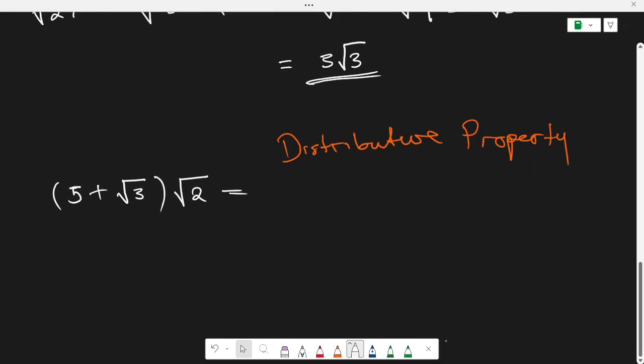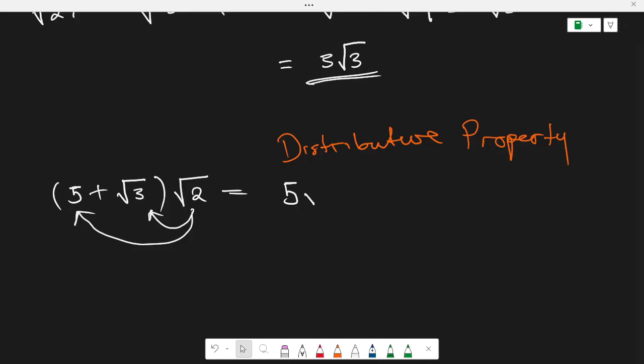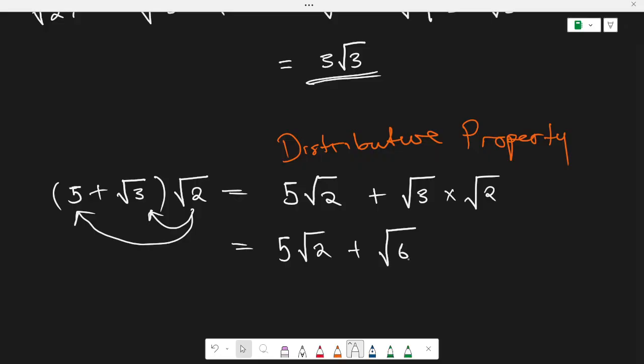You can actually distribute this root 2 to everything in the brackets, where you are going to get 5 root 2 plus root 3 times root 2, which can be written as 5 root 2 plus root 6.